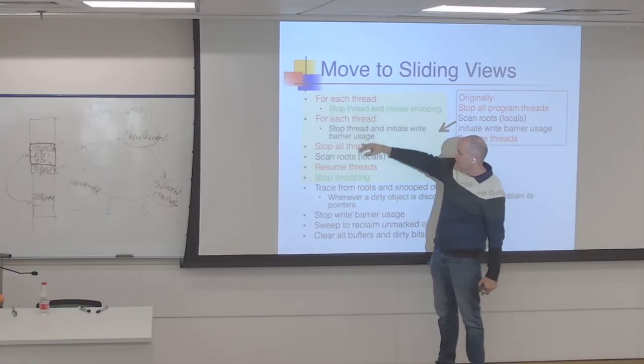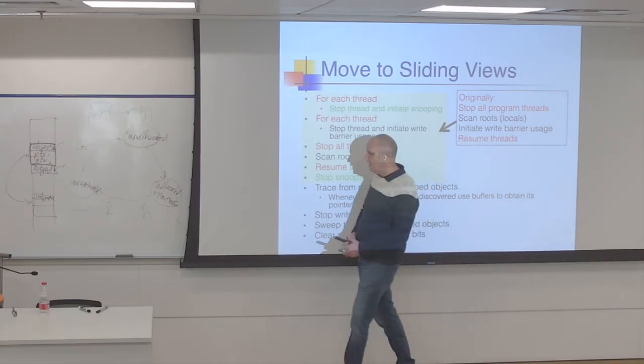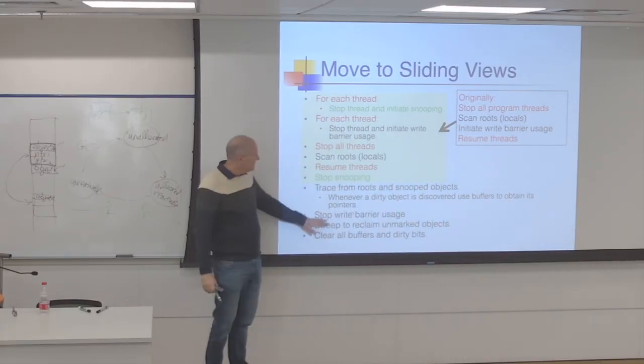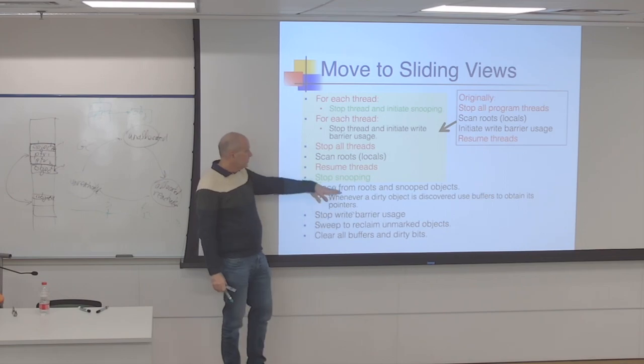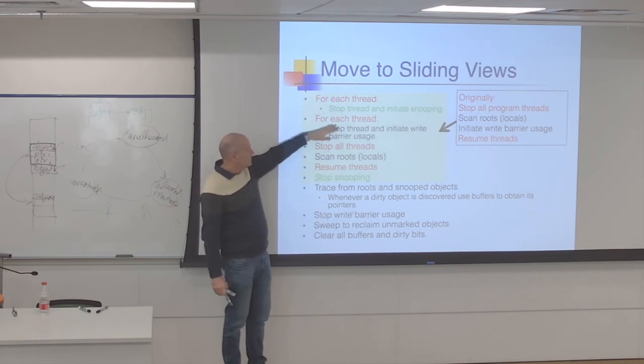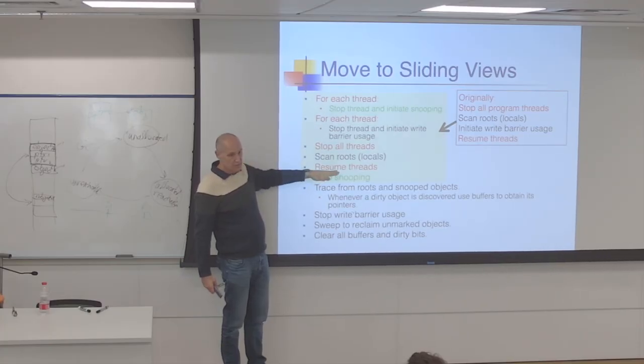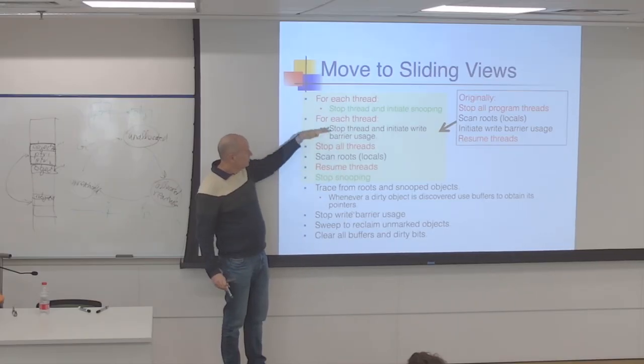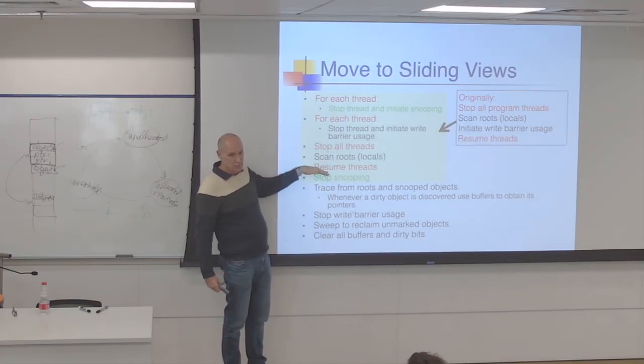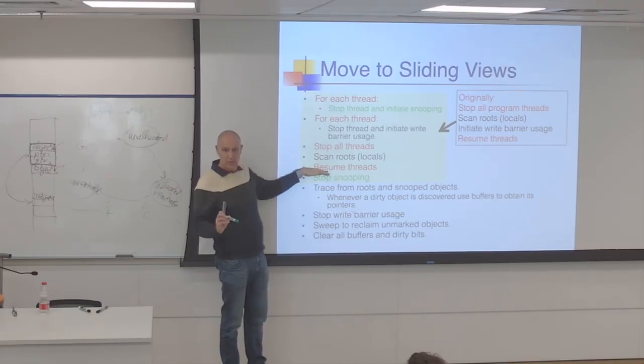I'm going to claim that anything that the collector will see later, it sees between the points where I start this handshake, where each thread starts the write barrier, and until I finish reading all the roots. I'm going to claim that between these two times, this is T1, this is T2, I will get the view of all the objects in the heap.